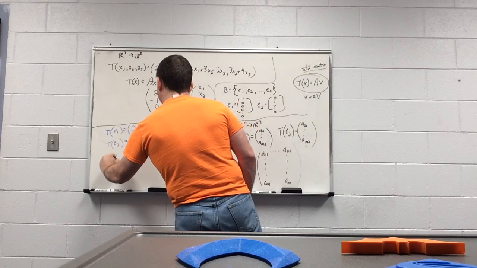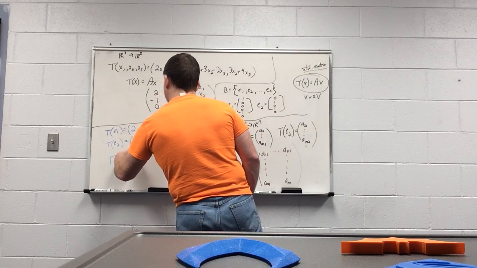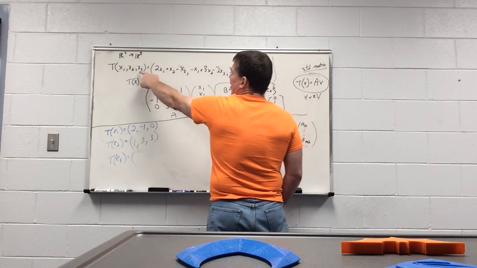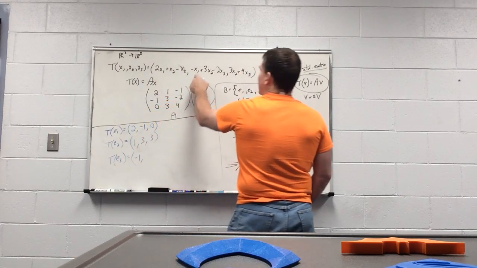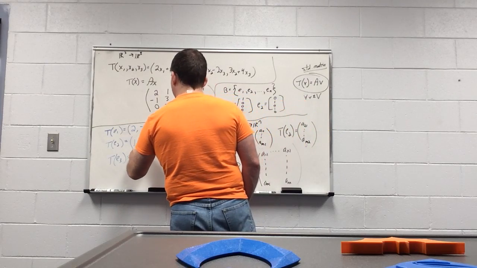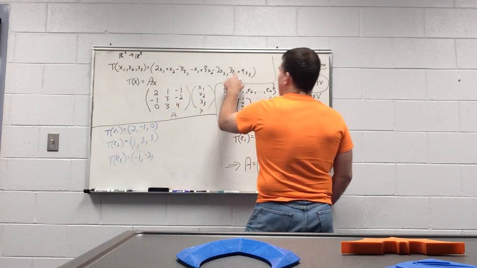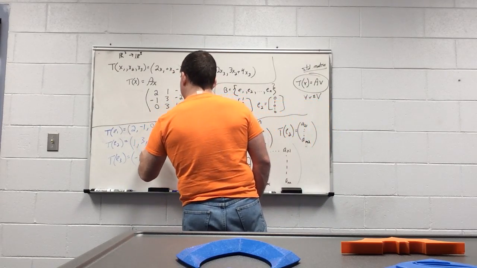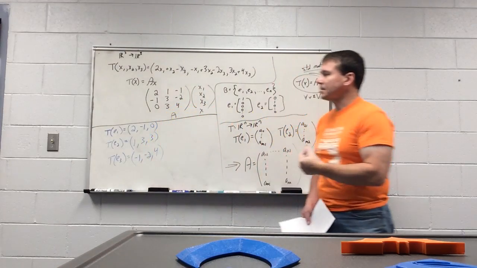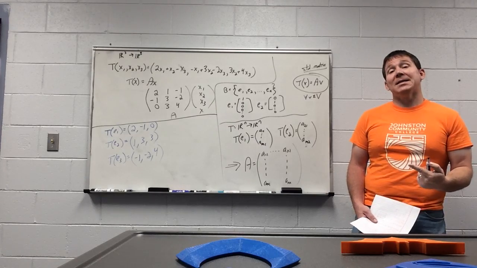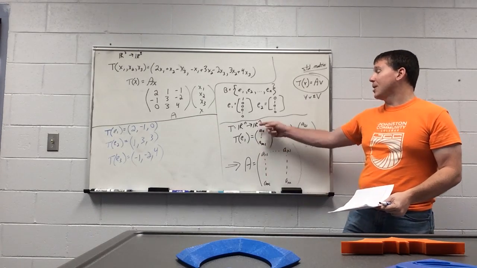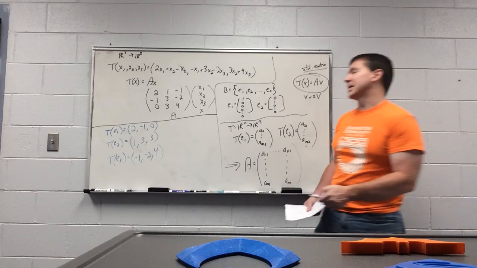Then I get T of E sub 3. Now all I care about is x sub 3. That's a negative 1. That's a negative 2. That's a 4. Now I have my T of e sub i's, and I rewrite those as column vectors in my matrix.